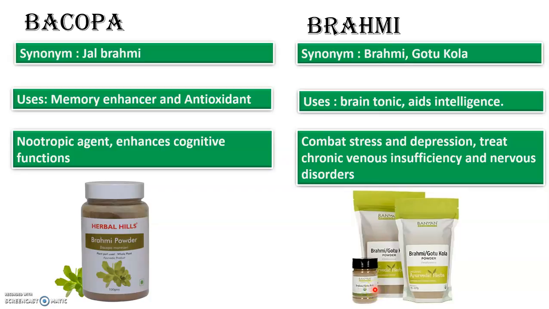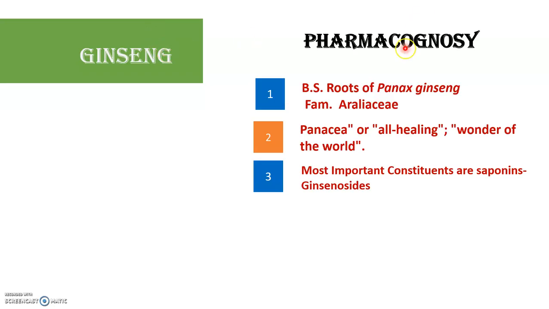Now let's move ahead with the third part of our lecture, which is the pharmacognosy of ginseng. Ginseng is also called as panacea or all healing or wonder of the world drug because it is really an all healing drug, and we will see why.